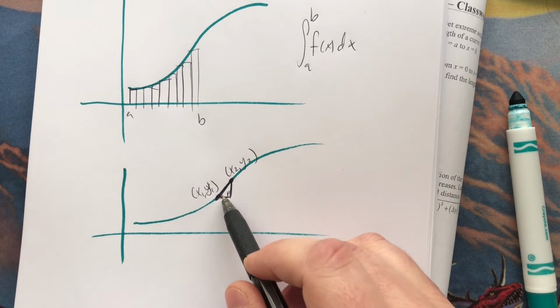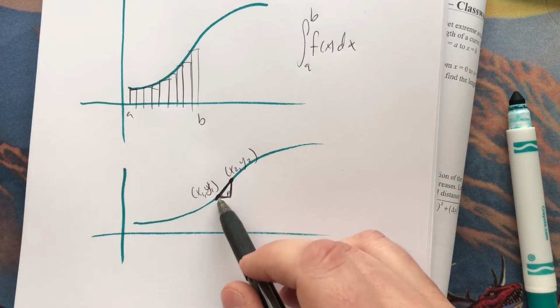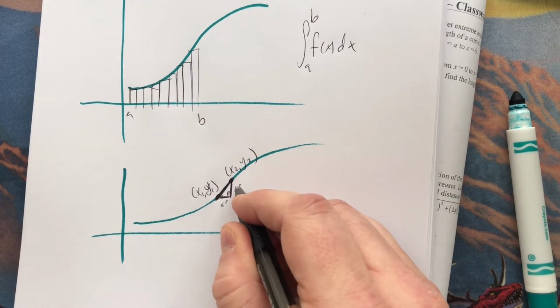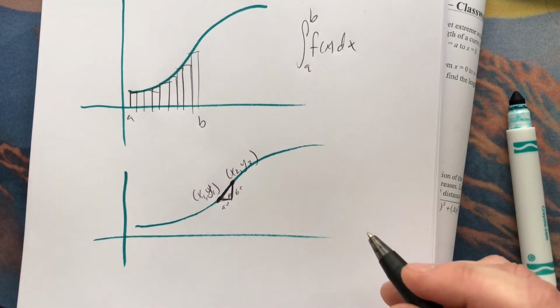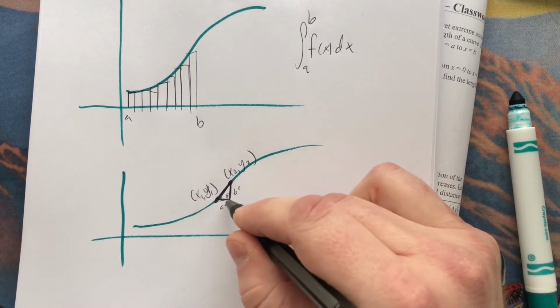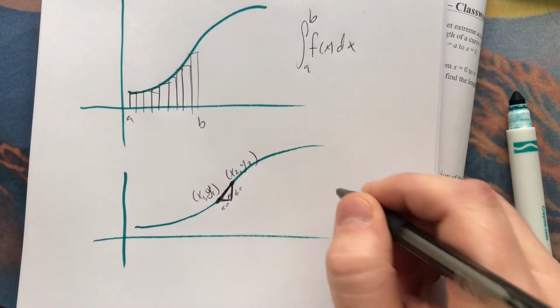So I could say that this is going to be a squared plus b squared, and then take the square root of it, right? So a squared is going to be this distance here, which is x2 minus x1.